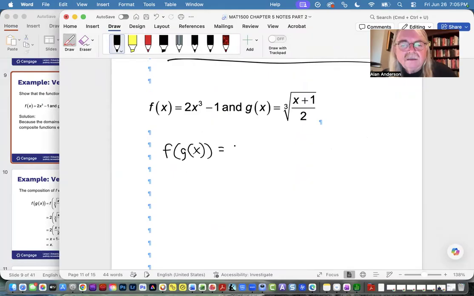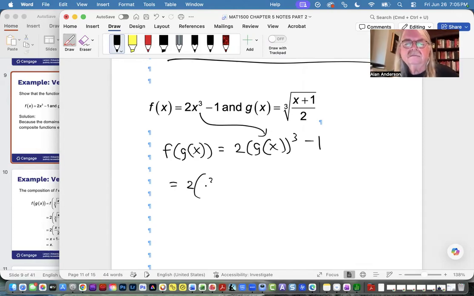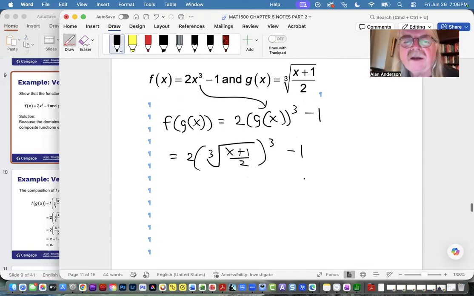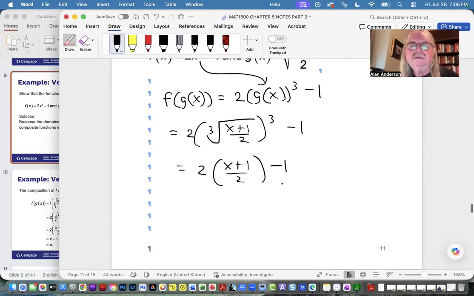We'll start with f of g of x. So that means all the x's become g of x. So clearly, the cube root of x plus 1 over 2 raised to the third power just gives us x. They offset each other.